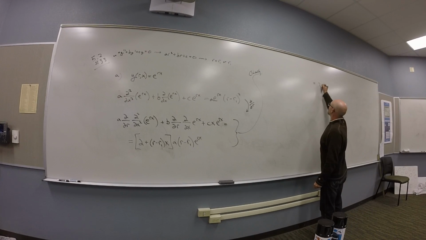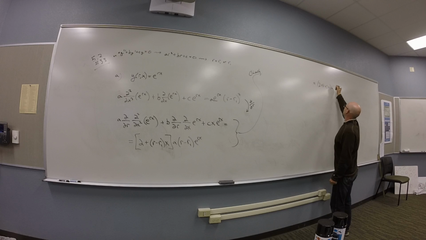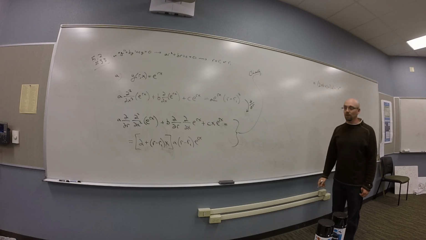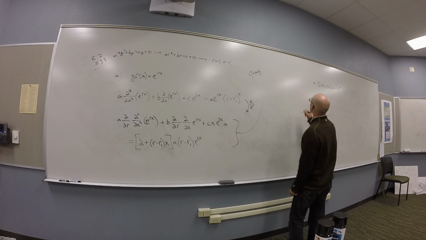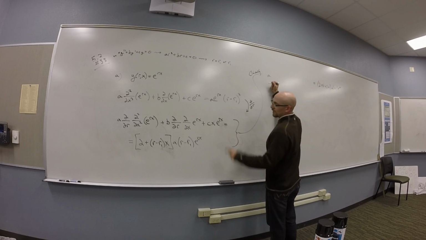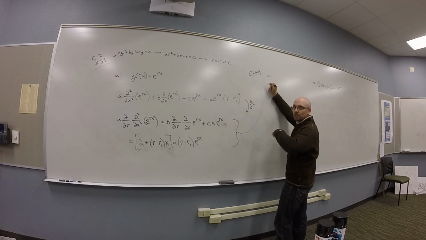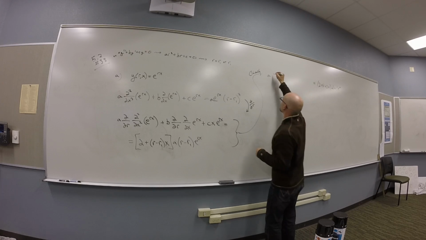So I've got 2 plus r minus r1 times x times a, r minus r1, e to the rx, whatever. And over here, I should rearrange the order of the first two terms. So they're saying, instead of partial with respect to r, then twice partial with respect to x, I should do the partial with respect to x's.